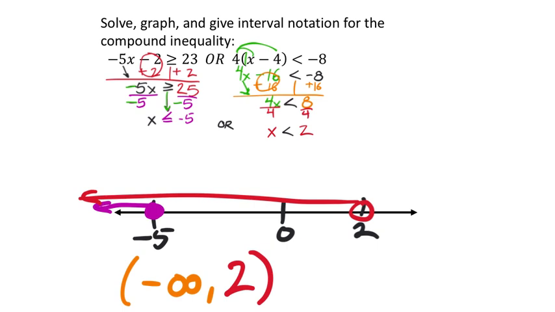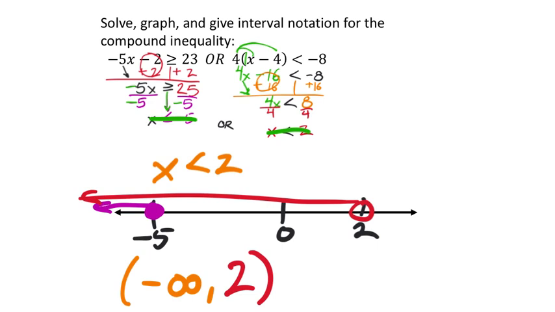Now, because it does look like this, and we've seen this type of inequality happen before, that means that the actual inequality to write for this one would be that x is just less than 2. Okay, so that means that I really didn't need either of these.